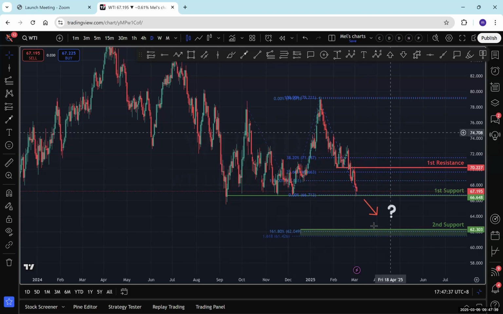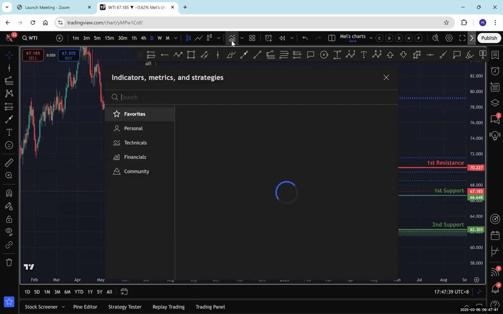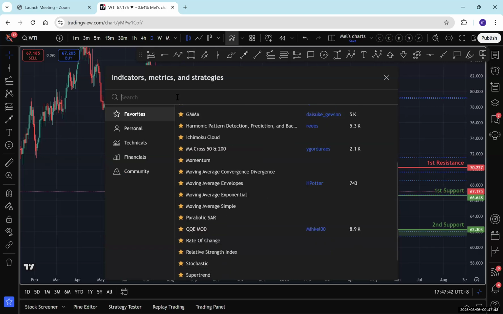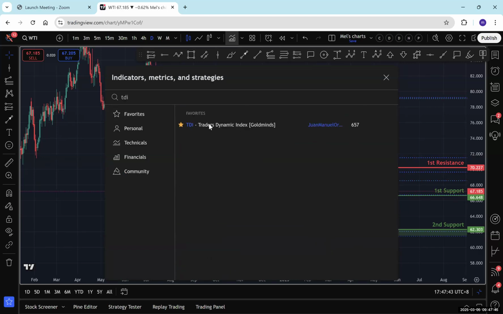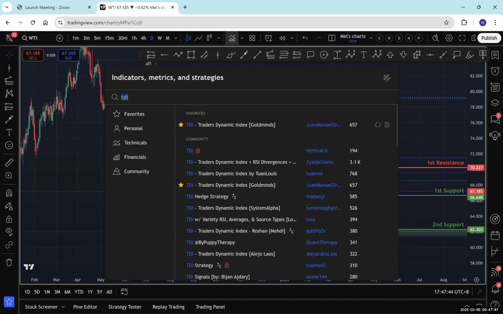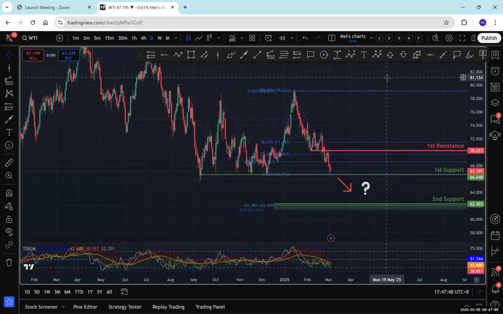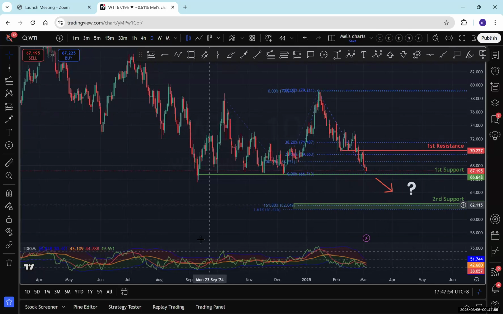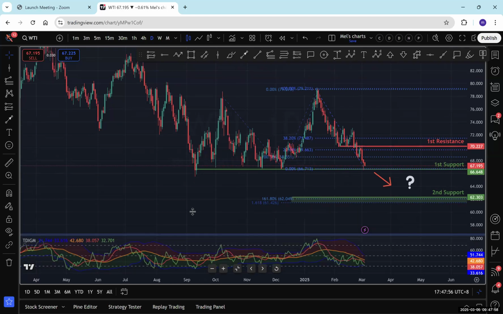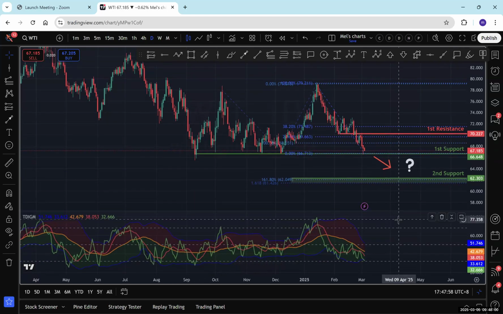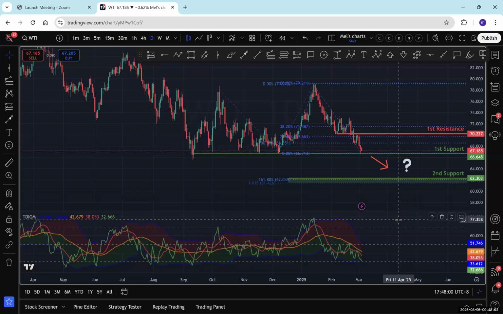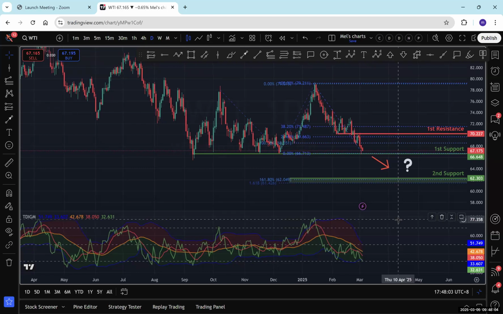Okay, so I'm expecting prices to drop to that second support. Now let's pull out our TDI. Maybe let's first see if there are any crossover signals that we can identify.